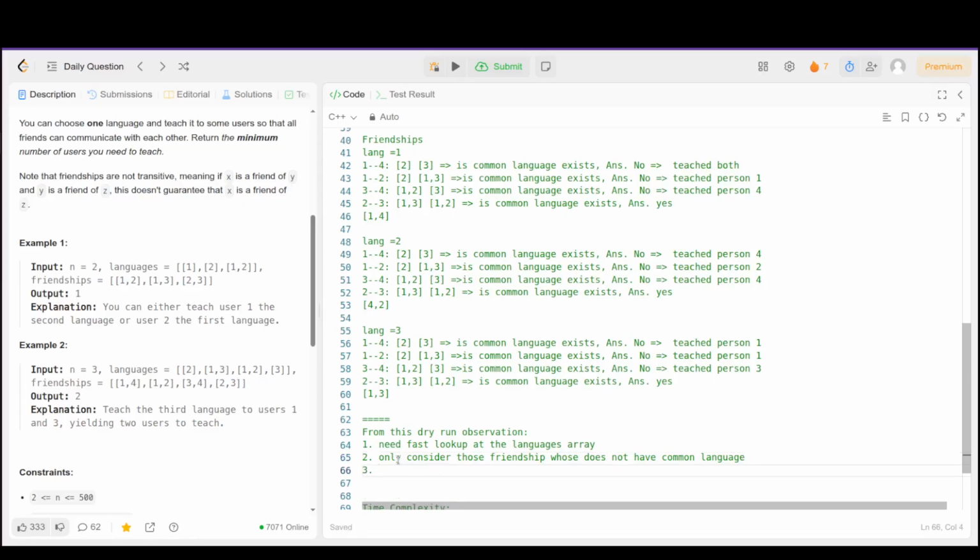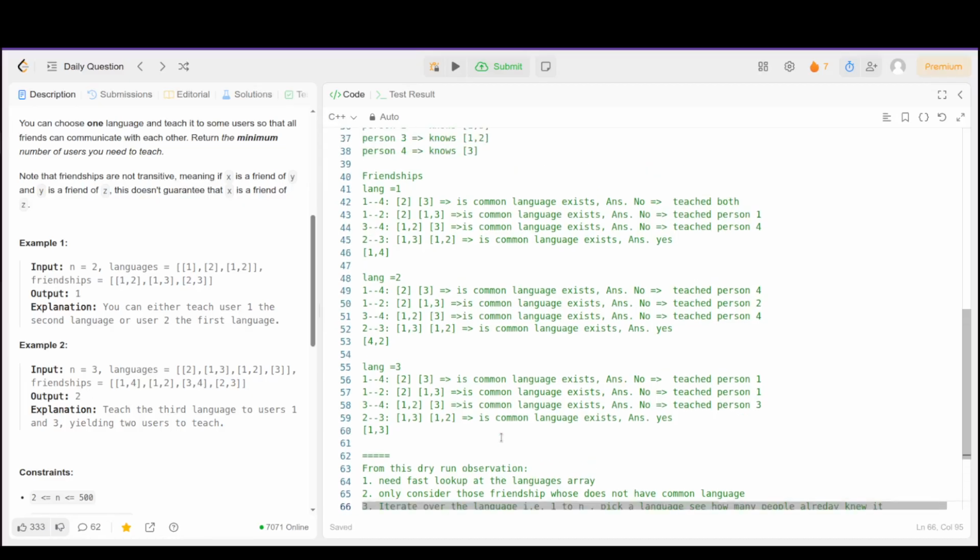And the third thing is, we pick each and every language, iterating over the languages from 1 to n, where n is the number of languages, pick a language and see how many people already knew it.